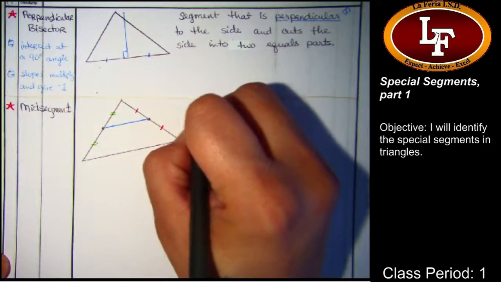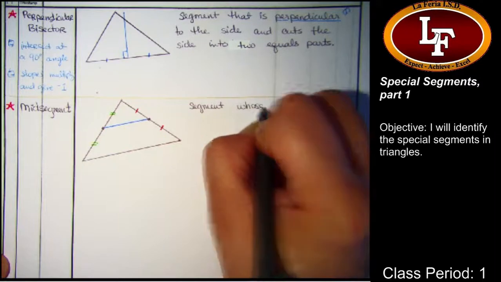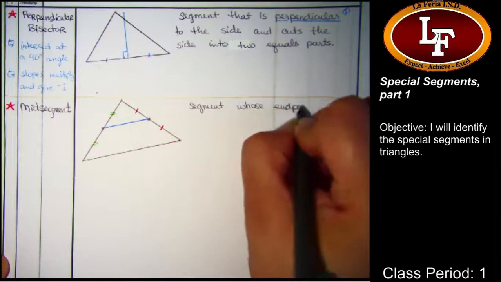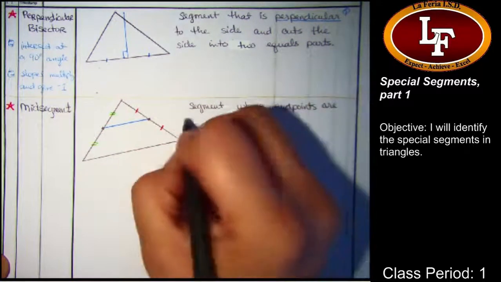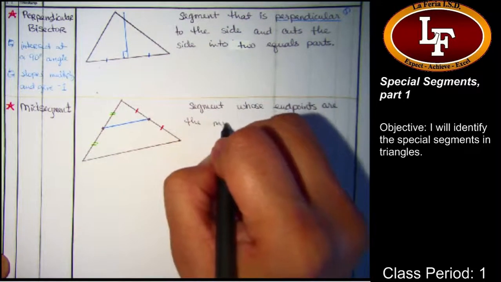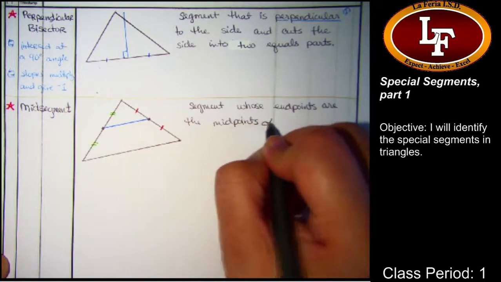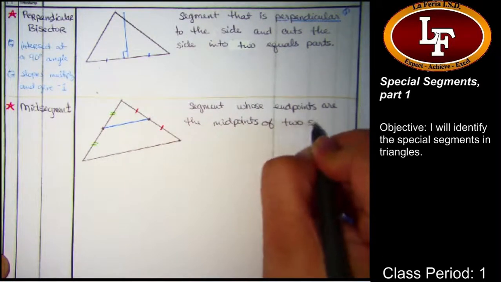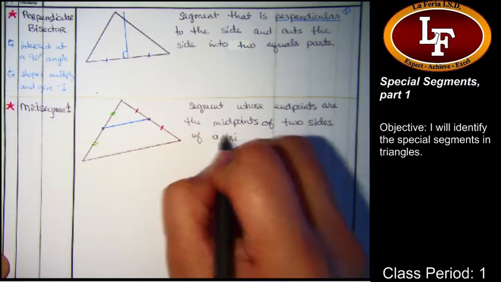So in words, it's the segment whose endpoints are the midpoints of two sides of a triangle.